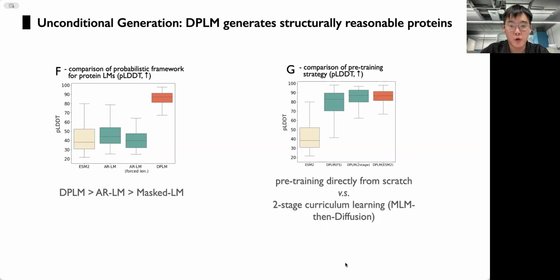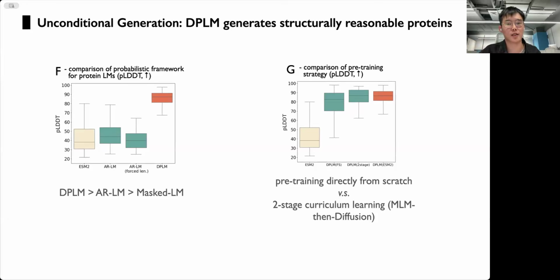Thank you for your question. Do you have any figure on the inference speed for generation compared to autoregressive models?